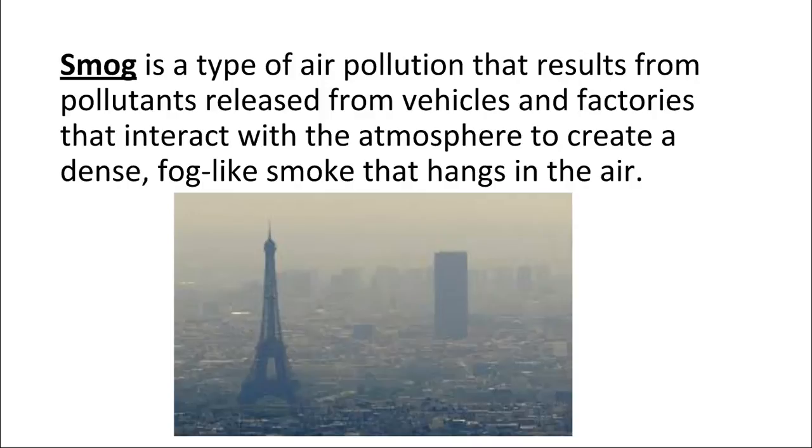So temperature inversions can happen and trap all this stuff down in there and have no way for it to get out. You've probably seen pictures like this on the news of smog. Places like Mexico City have a really, really bad problem, and Los Angeles has a particularly bad smog problem.